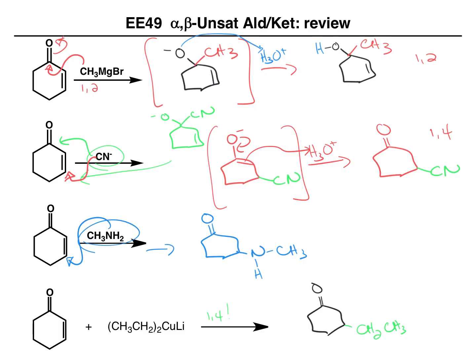So the point is, if we have a very, very strong nucleophile base, then we get 1,2 addition. If we have a weaker nucleophile base, because the 1,2 addition can be reversible, then we end up with the 1,4 addition product. Now, how do we take this forward to consider reactions with enolates?